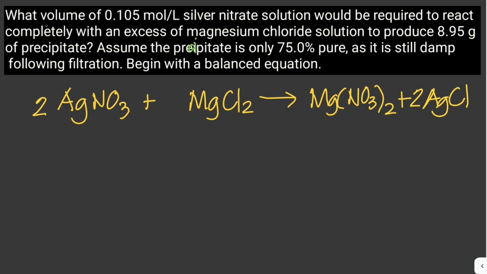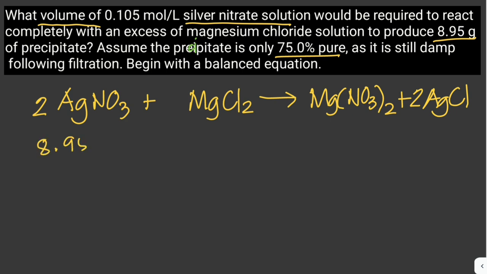So we need to solve for the volume of silver nitrate in liters. We start with the given value here, 8.95 grams of precipitate, and it says it's only 75% pure, so we need to multiply that by 75%.